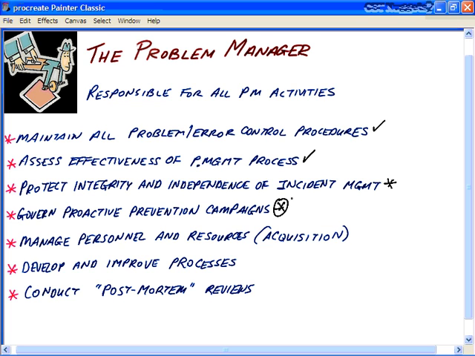They may also have to manage personnel on their own team, and personnel for different areas of the company, as well as resources. This could also involve acquisition of people, acquisition of products, hardware, and software. Again, part of assessing the effectiveness of the process, of course, is to then develop and improve the processes.